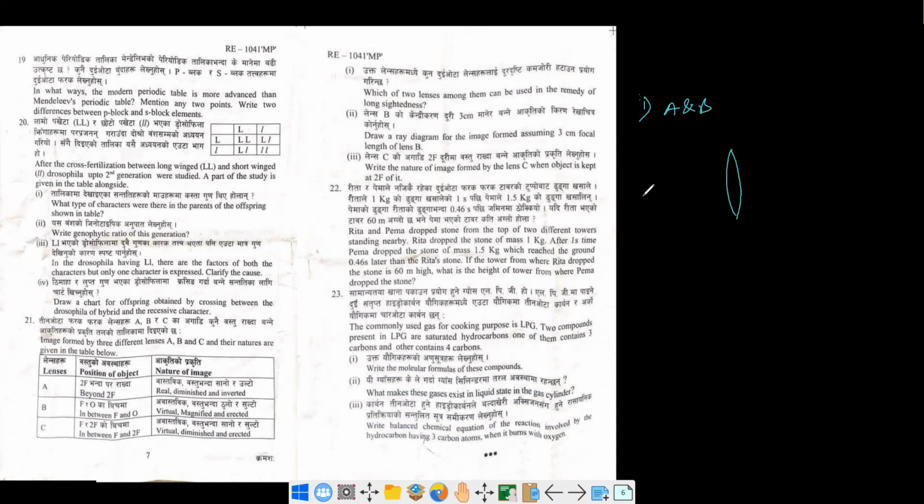Okay, so let's say this is your convex lens and object. This is the focus. This focus is at 3 centimeter. So according to the question, this is the focus, and here we have the object somewhere in between. Okay, so there is also a focus at equal distance. Okay, so let me just use the straight line to draw the diagram. Let me suppose this is my object.